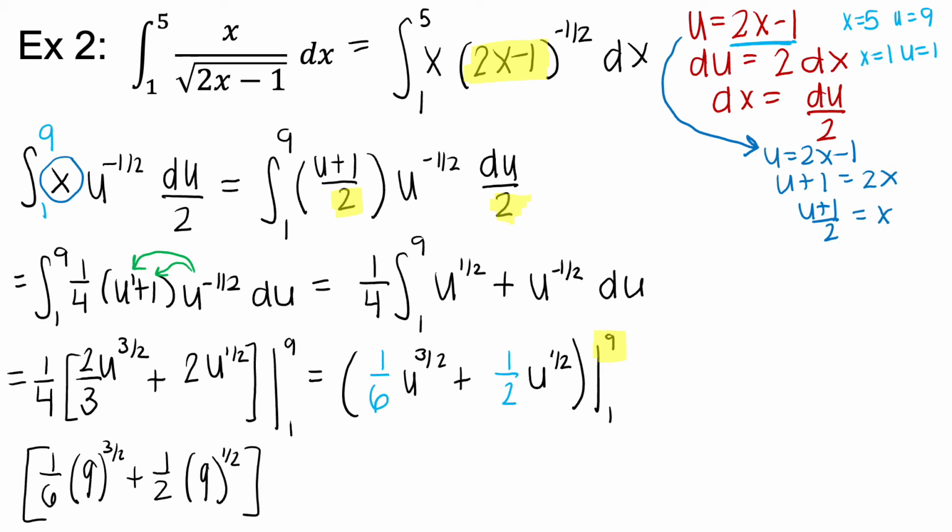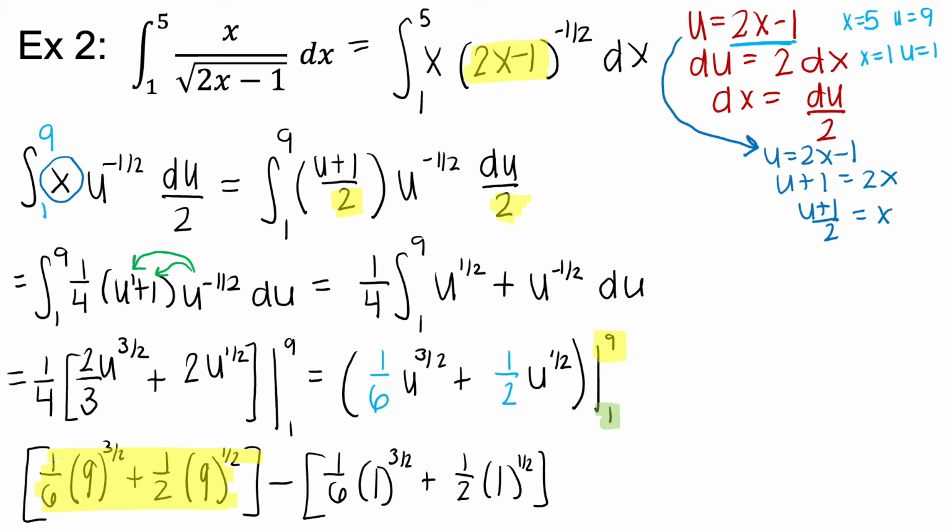And that is all just evaluating at 9. And then we want to subtract if we plug in a 1. So that would give us 1/6 times 1 to the 3/2 plus 1/2 times 1 to the 1/2. And again, that's all plugging in our lower limit of 1.